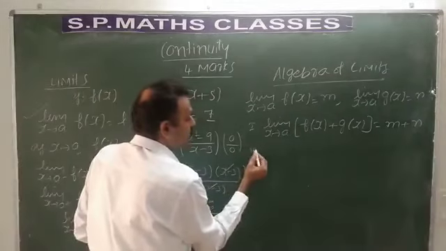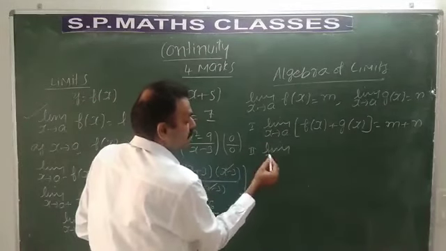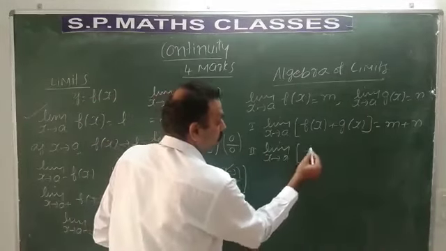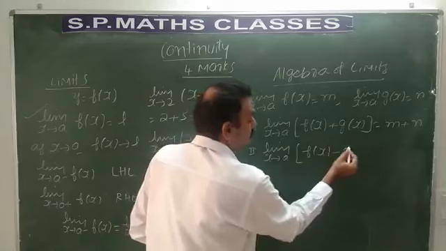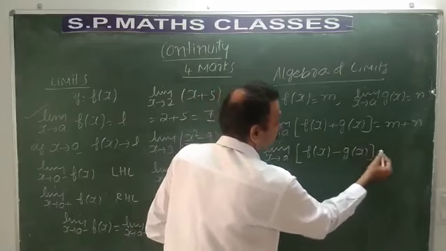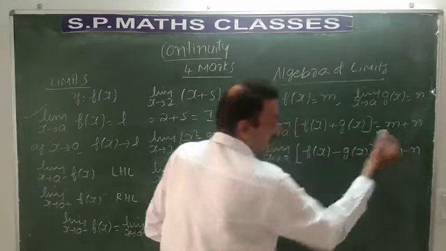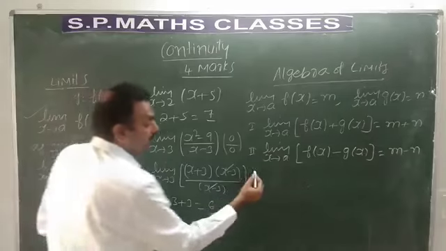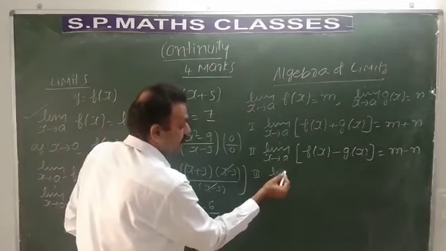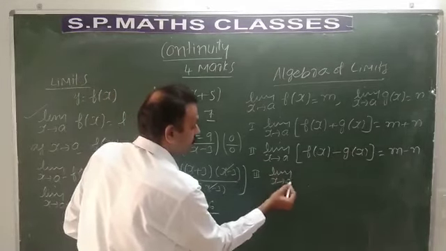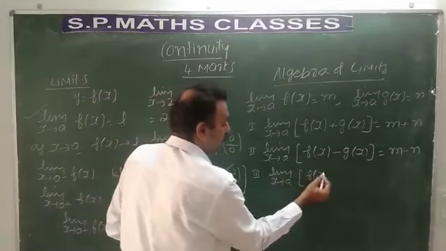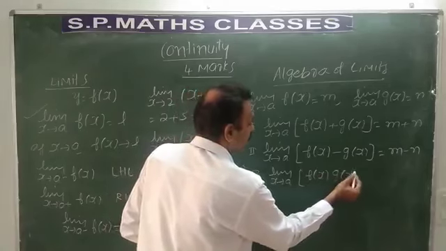Similarly, the second algebra of limits, limit as x extends to a, f of x minus g of x. If you take the difference, it will be m minus n. The third one I take, limit as x extends to a, f of x into g of x.